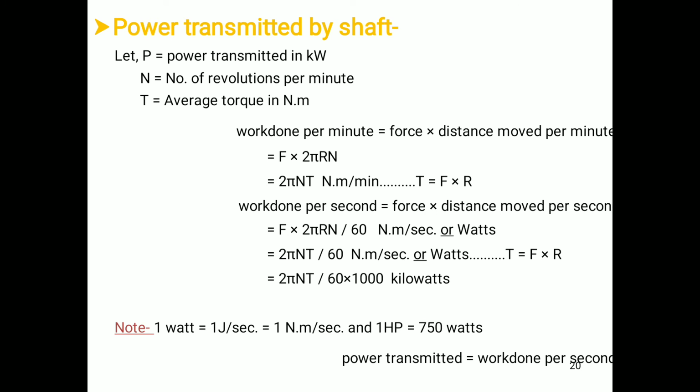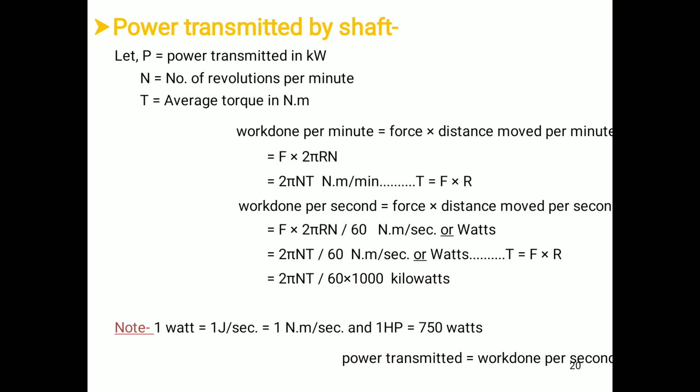Let P be the power transmitted in kilowatt, capital N the number of revolutions per minute, and capital T the average torque in Newton meter. So P is the power transmitted in kilowatt, that we have to find out.